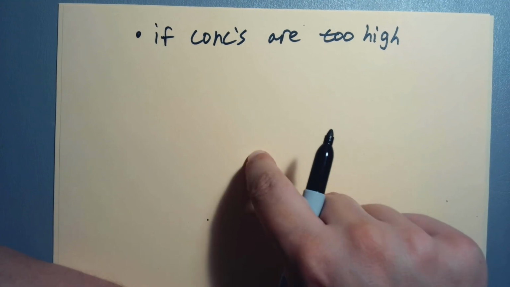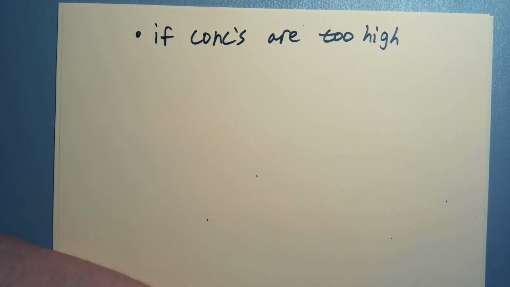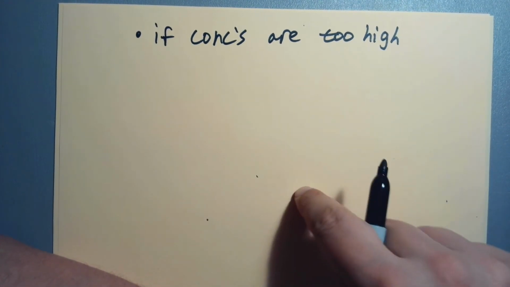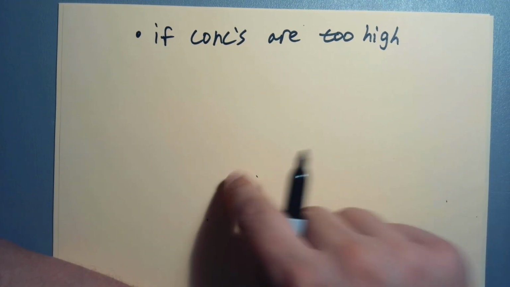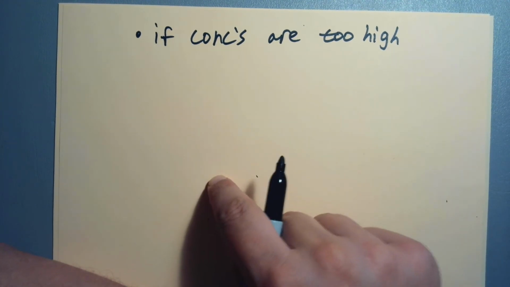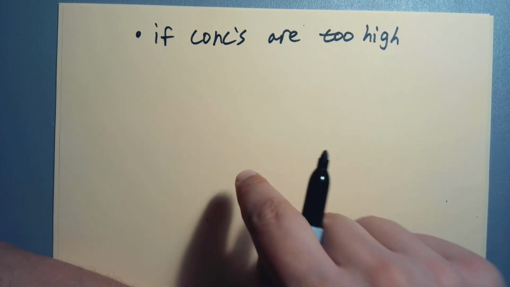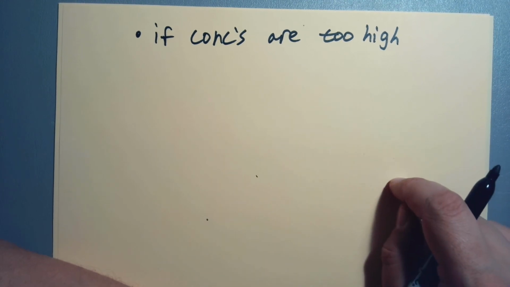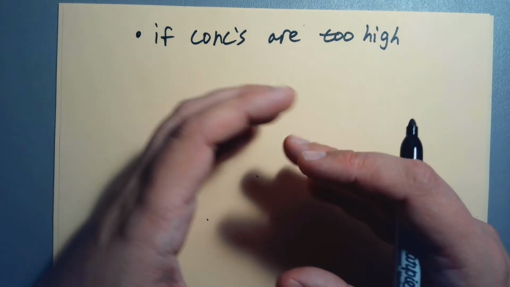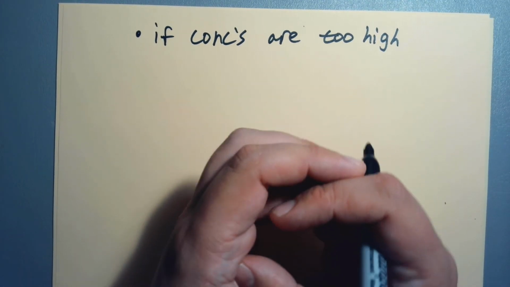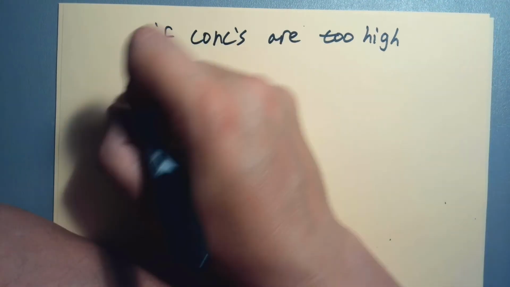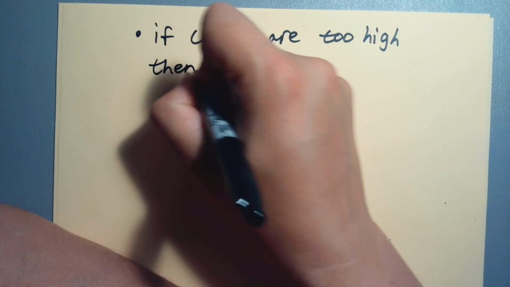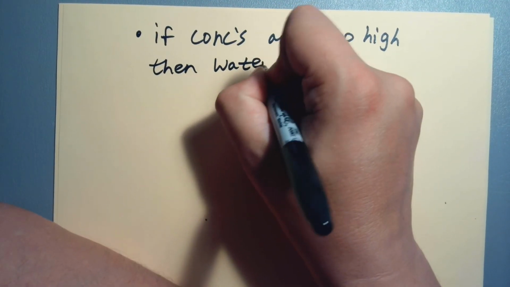It's going to go from low to high concentration. I was thinking of diffusion for a second, which is different. So in osmosis, the solvent is going to flow from low to high concentration, because it's going to try to increase the concentration of the cell by shrinking the volume, by getting rid of water. So if concentrations are too high, then water flows out of the cell.